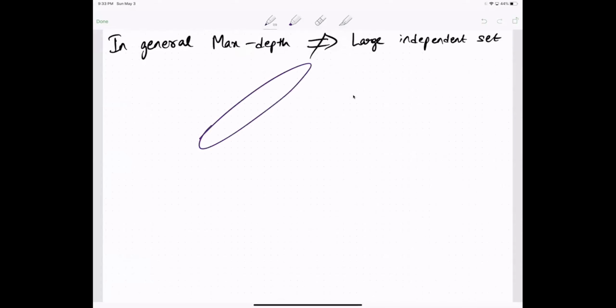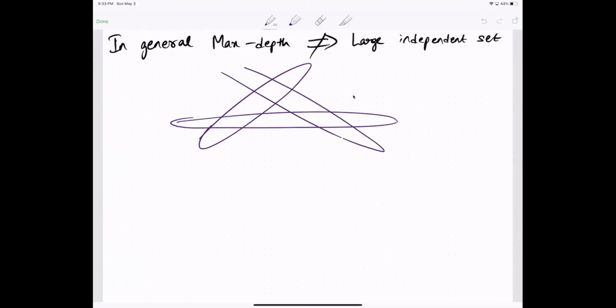Something like this. Right, and then... So yeah, in this case, I have shown an example where you can extend this thing for n objects and show that max depth is 2, but independent set size is just 1.